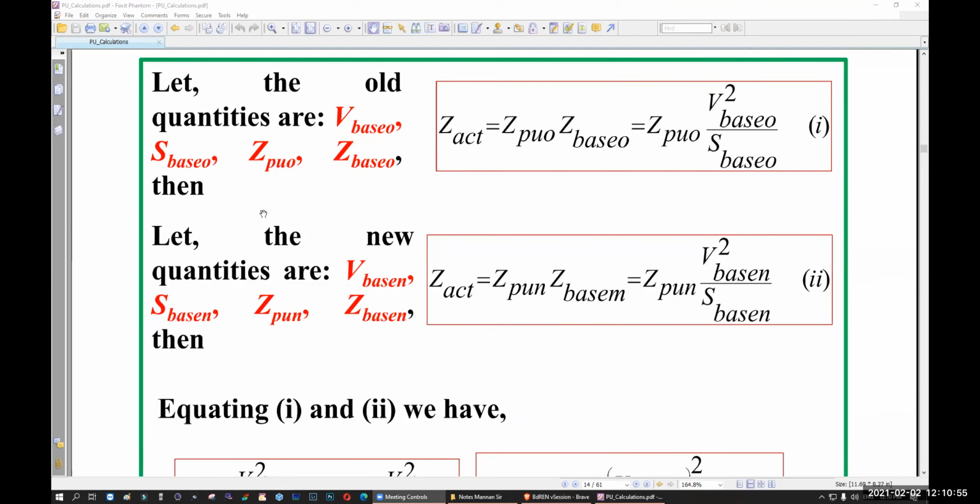Let the old quantities be V base O, S base O. O means old, that is, already given in your ratings. Let's say you have five components: one generator, one transformer, one transmission line, another generator, another motor.